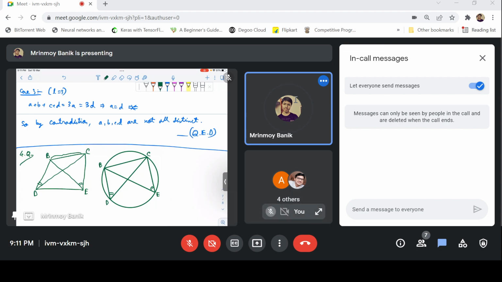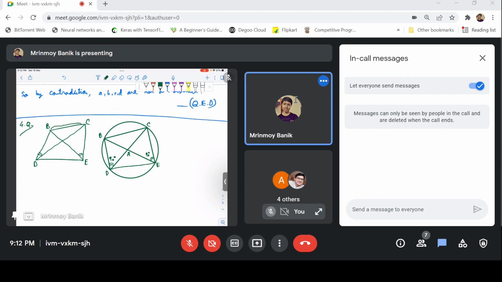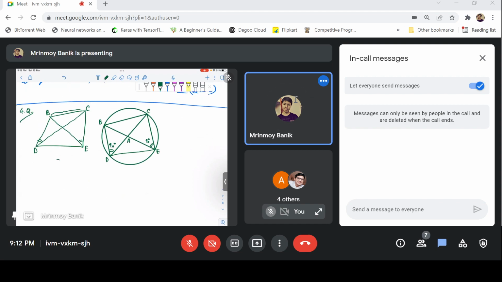Further, it says this point is A. The diagonals intersect. Okay, these are 90 degrees. So that forces BC to be the diameter, since 90 degrees is a semicircular angle. I have to draw it once more then.